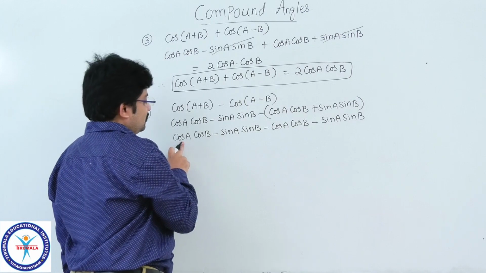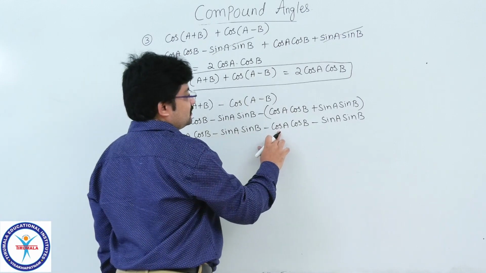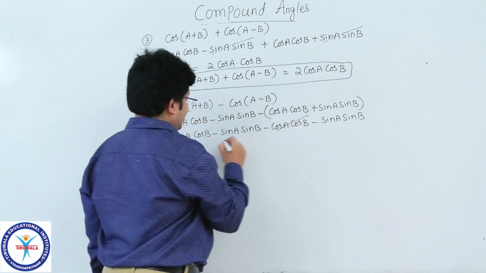Here plus cos A cos B minus cos A cos B get cancelled.